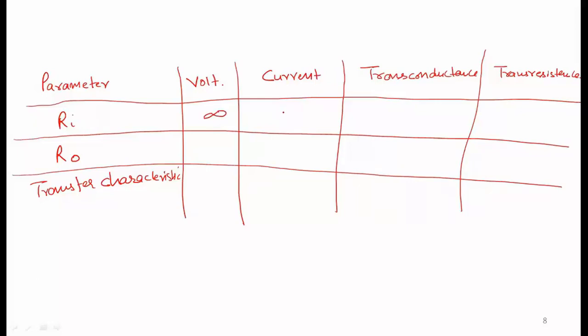For the current amplifier, the input impedance should be 0. For the conductance amplifier, it should be infinite, and for the transresistance amplifier, it should be 0.